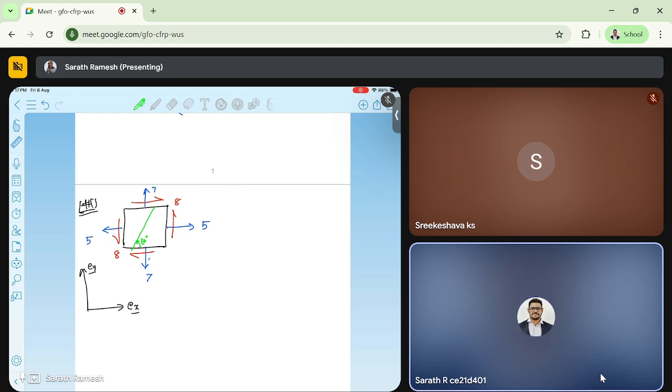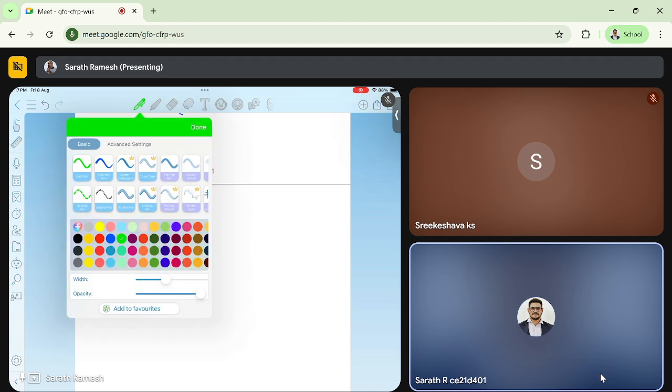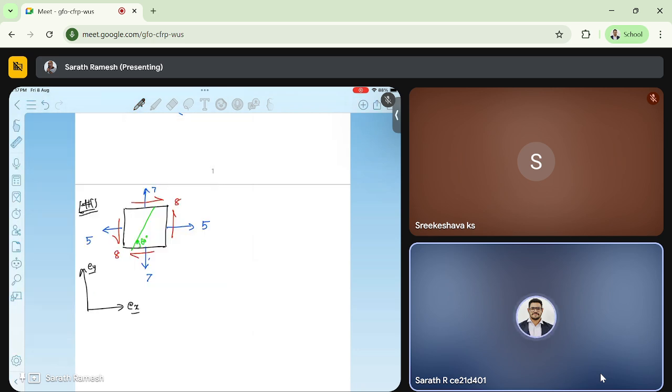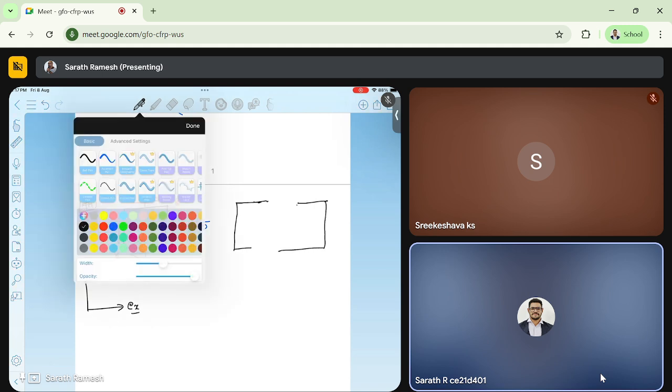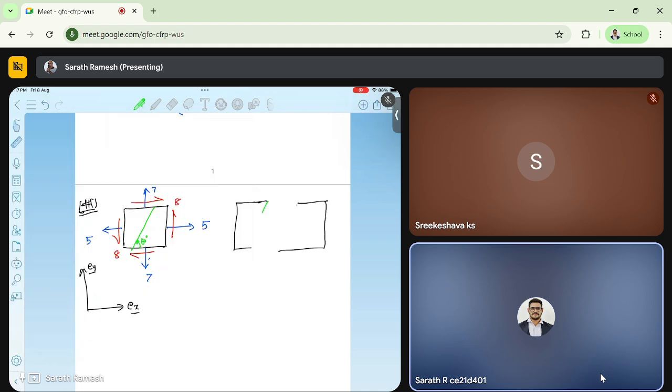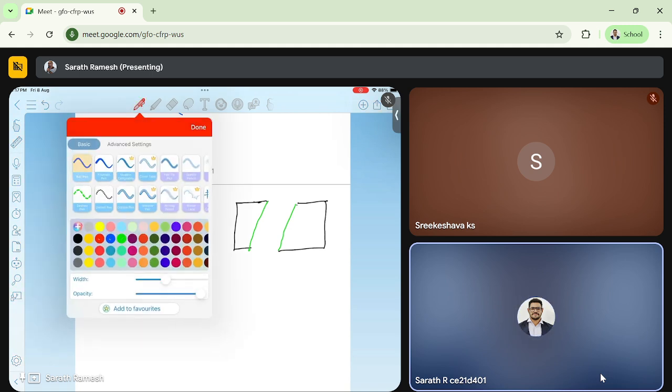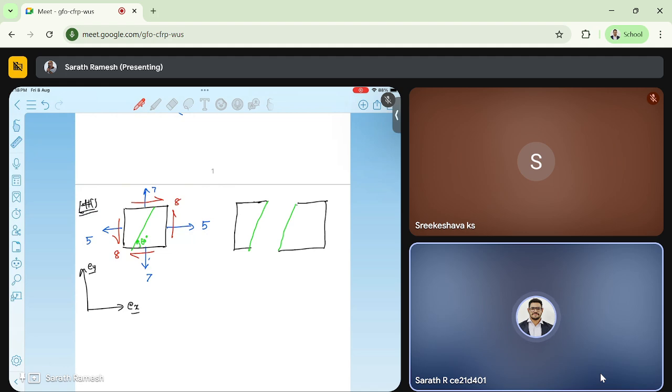So we can cut this plane, right? When we cut this plane, it will come like this. So here we will have some normal traction, some shear traction.